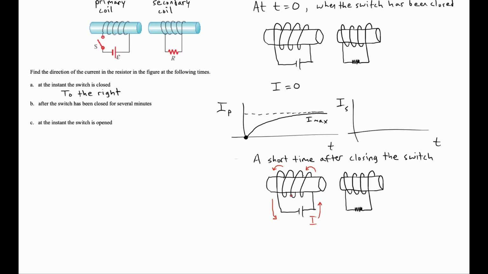And when current is flowing, that would create a magnetic field according to the right-hand rule. So I just want to close my right hand into a fist where the fingers curl in the direction of current. And then the thumb is going to give us the direction of the magnetic field through that cylinder.